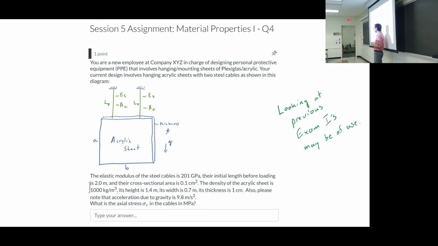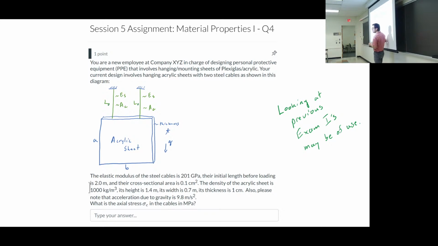That's like water, which is not far off. And then you know the height, the width, and the thickness of this sheet. So width times height times thickness gives you a volume, times the density gives you a mass, times the constant due to gravity. That gives you a force in newtons.